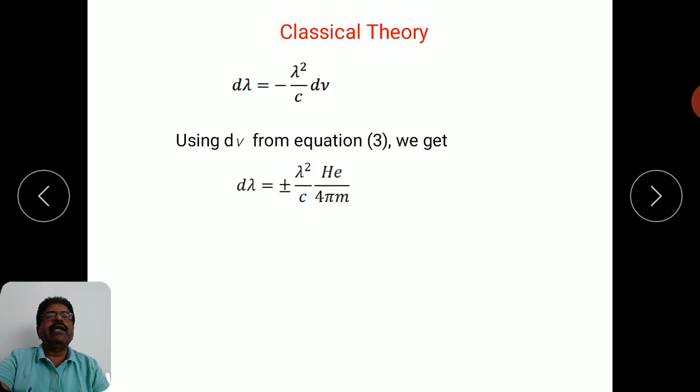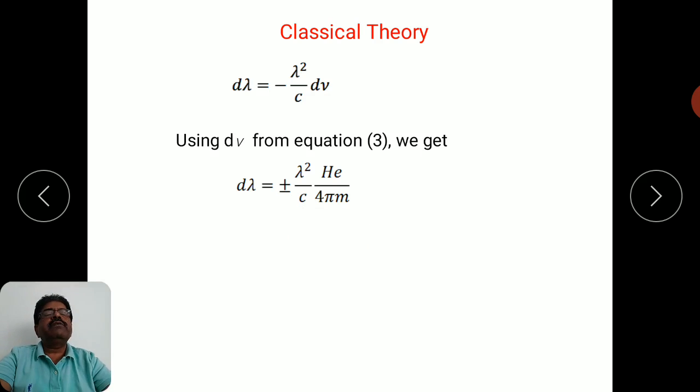So one spectral line will be divided into three components: the original line, another line having slightly higher wavelength, that is plus λ square by c, He upon 4πm, and the third line having slightly less wavelength than the original line, that is minus λ square by c, He upon 4πm.